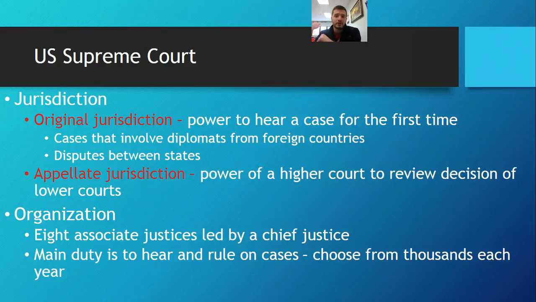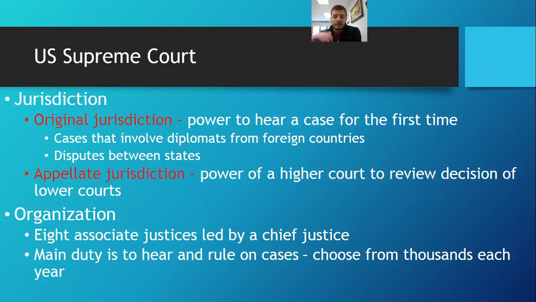If the appeals court turns you down, they say that you still lose your case, then you can appeal to the Supreme Court, and if they decide to hear your case, then your case continues. But if they vote you down, they say that you also lose your case, then you're done. There's nothing else you can do after that once the Supreme Court has spoken.